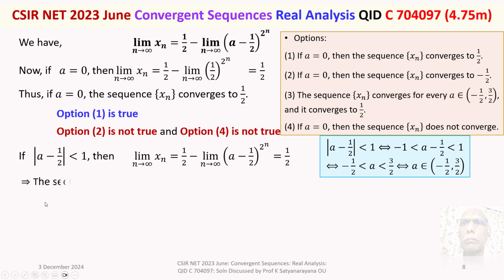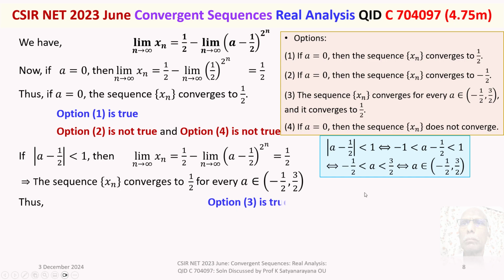Thus the sequence xn converges to 1 by 2 for every a belonging to the open interval minus 1 by 2, 3 by 2. That is precisely option 3. So, option 3 is true. The answer to this question is options 1 and 3.